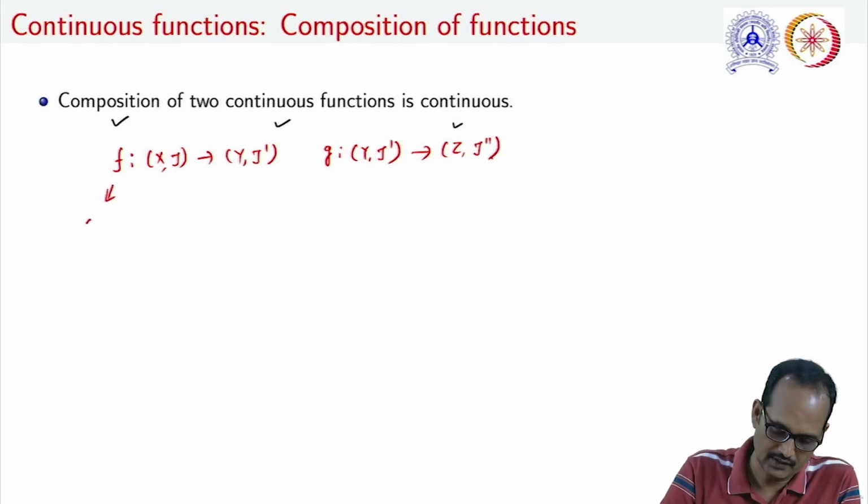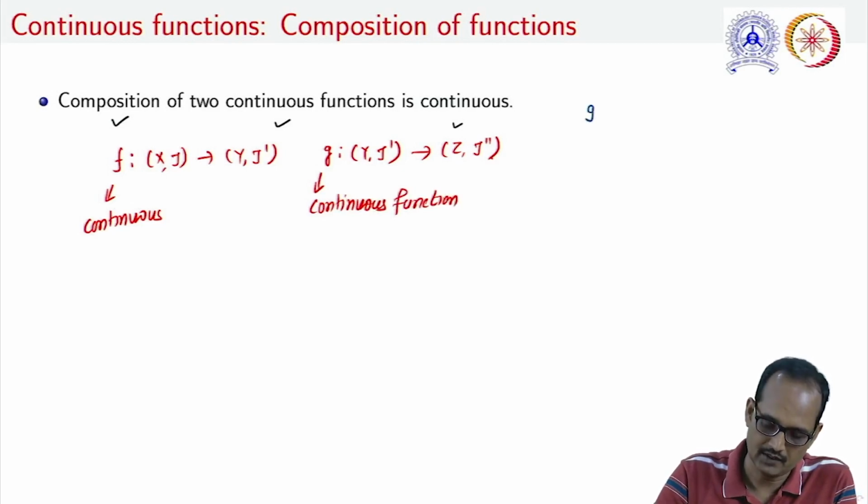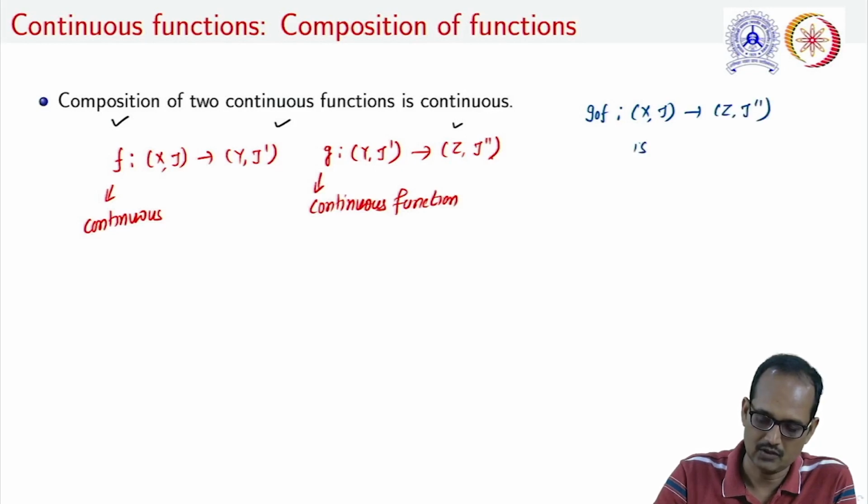It is given that f is a continuous function. Also, this g is a continuous function. What we have to show is that their composition, that is g composition f from X with tau to Z with tau double dash, is also a continuous function. So we have to justify it.